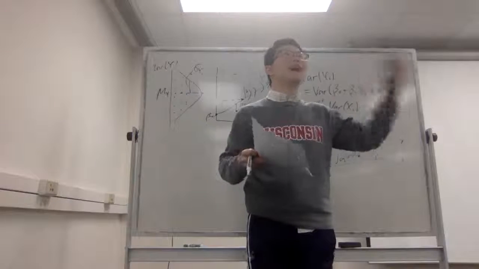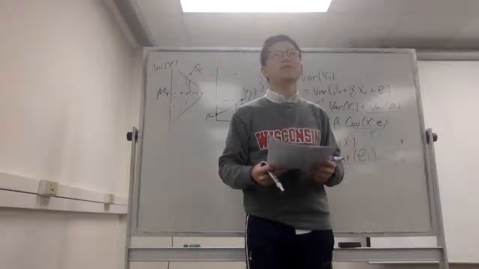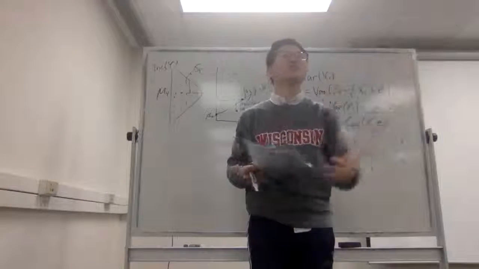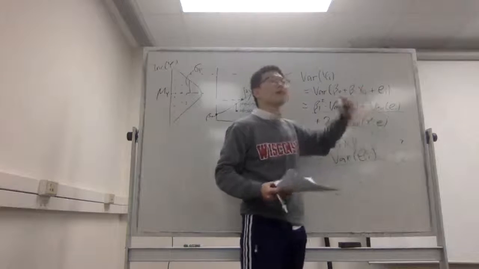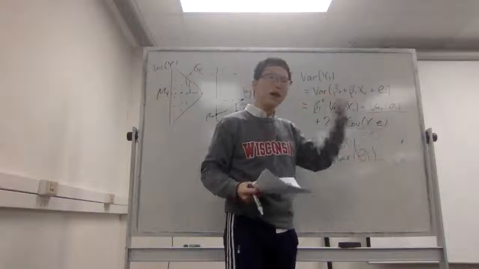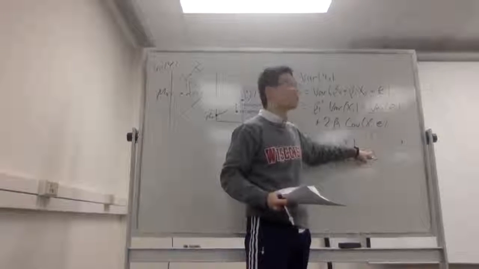Not because this is actually what happens in society. Does that make sense? So it is assumed to be 0. So that's why in your data, after running the regression, it'll always be 0.